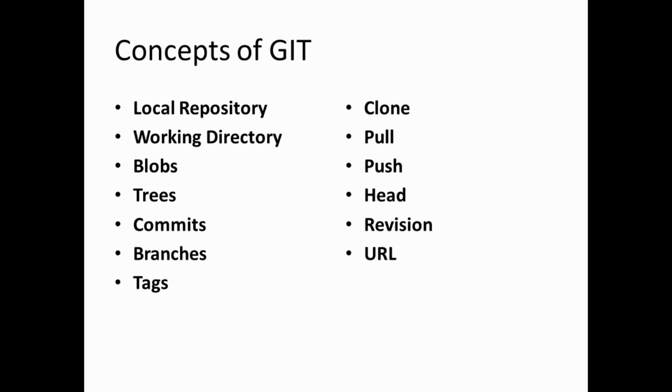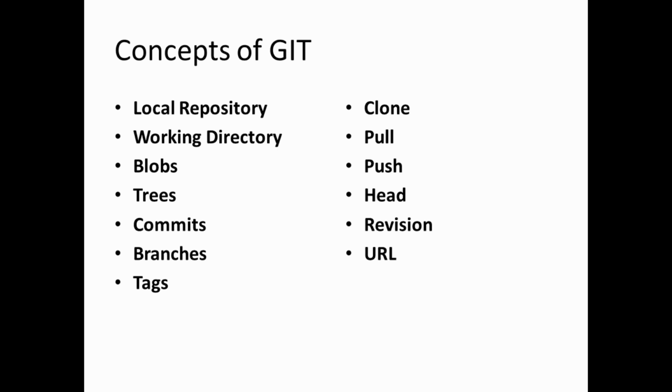Tags are nothing but some meaningful name you can give to your repository. Like you do tagging in the Amazon system, like EC2 while creating an instance; there is the option tag.